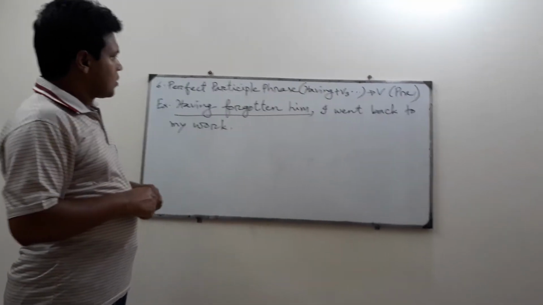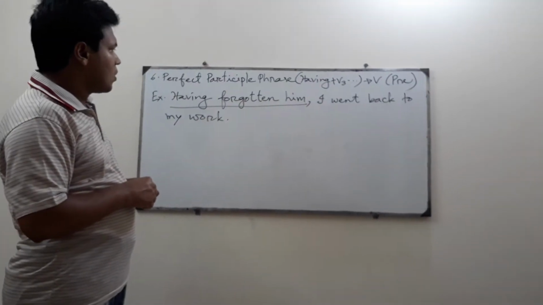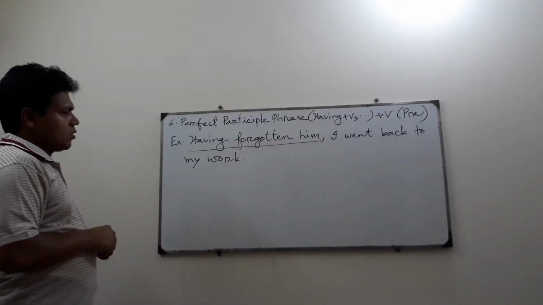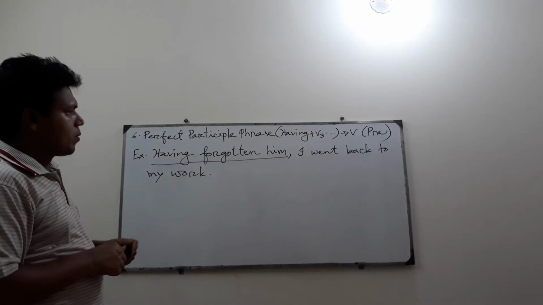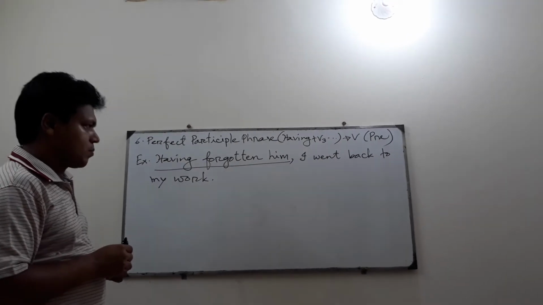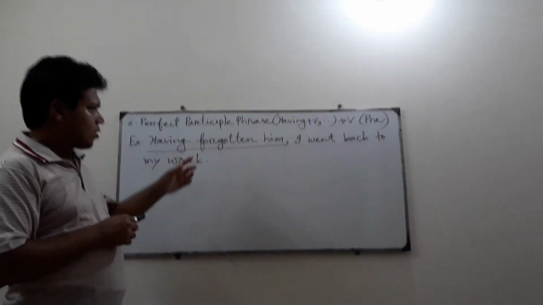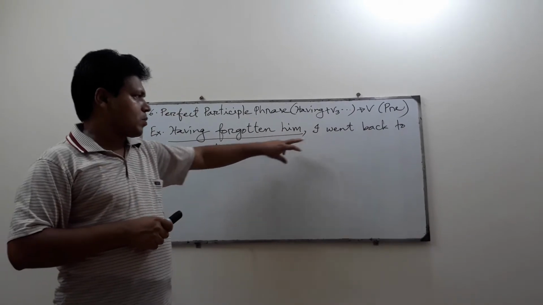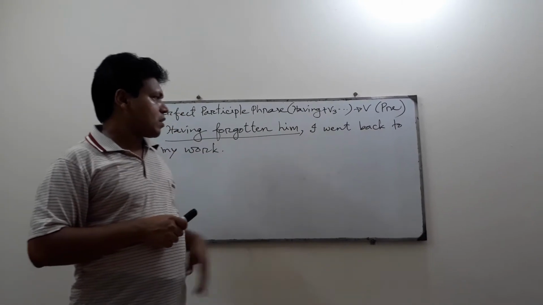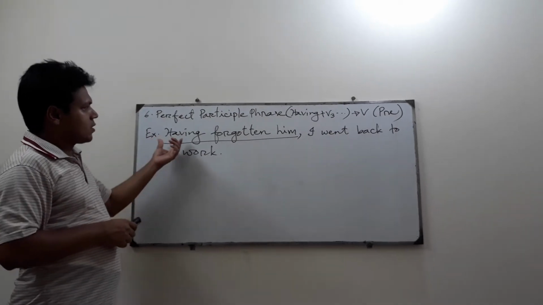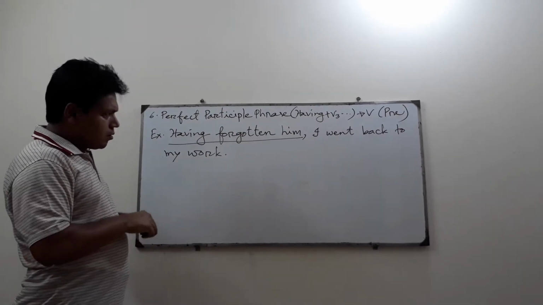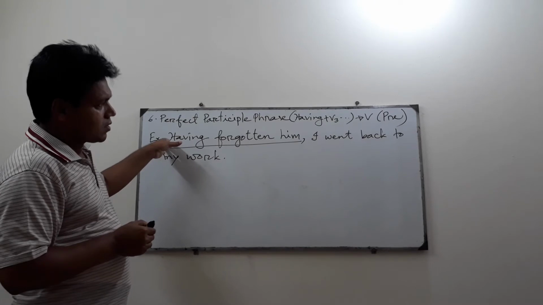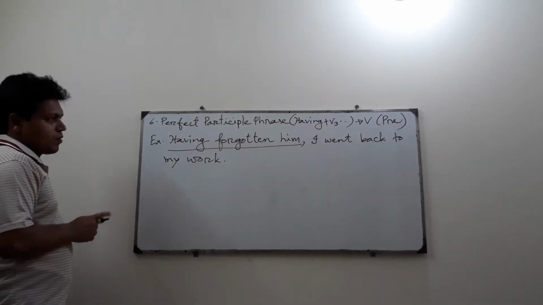How? Look, we can ask, when did you go back to work, or why did you go back to work? The answer is having forgotten him. So the phrase having forgotten him has modified the verb here, and it takes place before the verb, so it's a kind of pre-modifier, and the phrase is having plus V3 plus object. So it's a kind of perfect participle, and it modifies a verb, and it's a kind of pre-modifier.